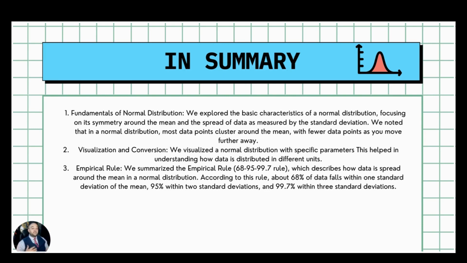This helps us understand how the data is distributed in different units. And then we summarized the empirical rule, which describes how data is spread around the mean in a normal distribution. According to this rule, about 68% of the data falls within one standard deviation, 95% within 2 standard deviations, and 99.7% within 3 standard deviations.